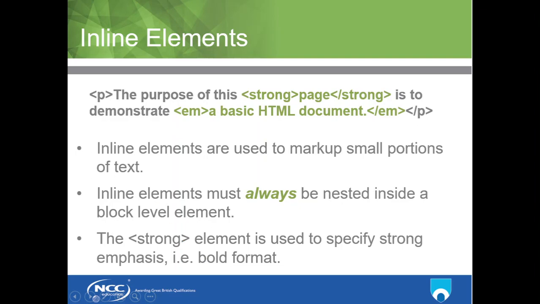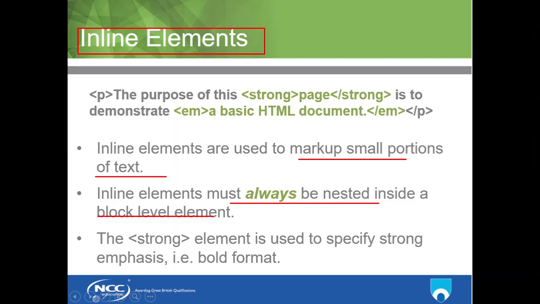Okay, so let's have a look at some inline elements. Inline elements are used to mark up small portions of the text. Inline elements must always be nested inside a block level element. In this example, you can see we have the paragraph and we've nested an inline element, strong. So strong is used to bolden.